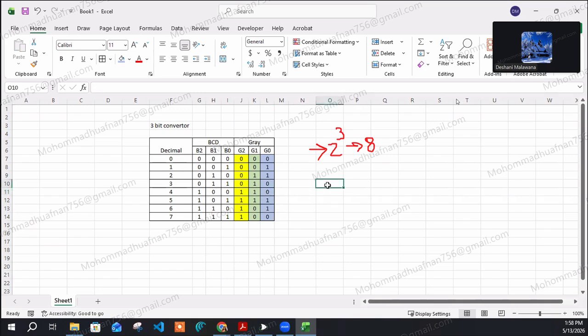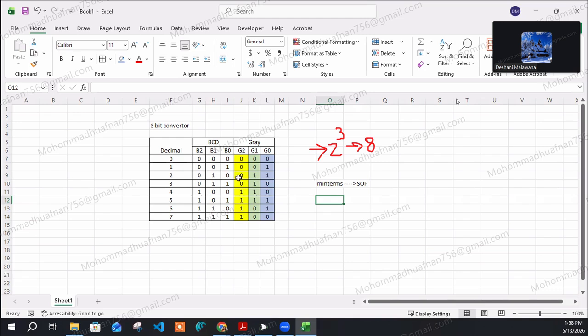Did you get my point? So here we are considering the min terms, and generating the SOP equation throughout the SOP method.